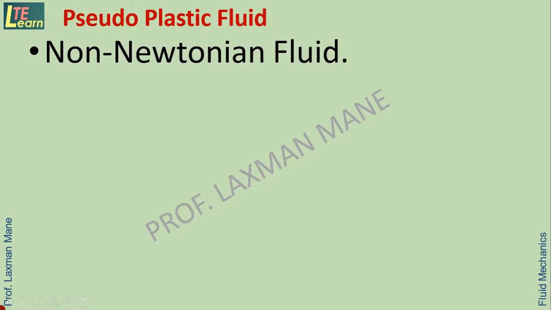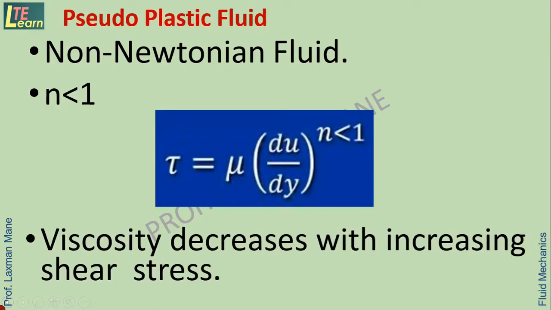These fluids are non-Newtonian because the value of n is less than 1. Here the viscosity decreases with increasing shear stress, meaning by the application of shear stress your resistance to the flow decreases.